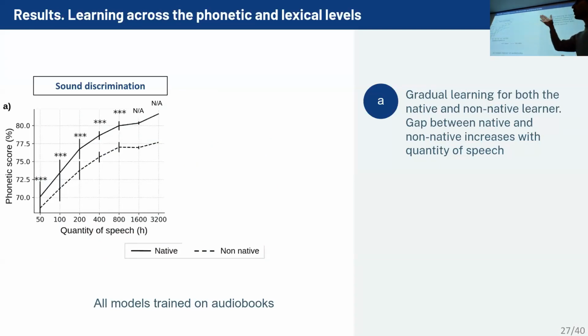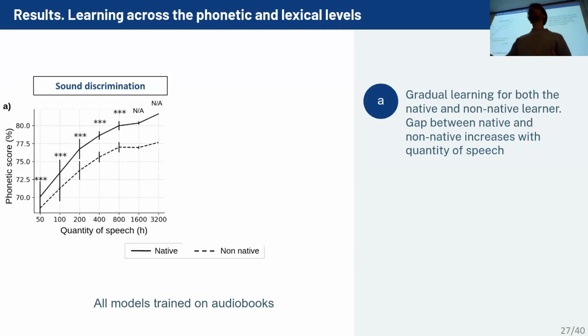So here you have the results on the sound discrimination task. So you have the phonetic score computed on the ABX task for models trained on varying quantity of speech in both the native and the non-native condition. So what we observe is that with more exposure to speech, models become better at discriminating sounds, and this is true in both the native and the non-native conditions.